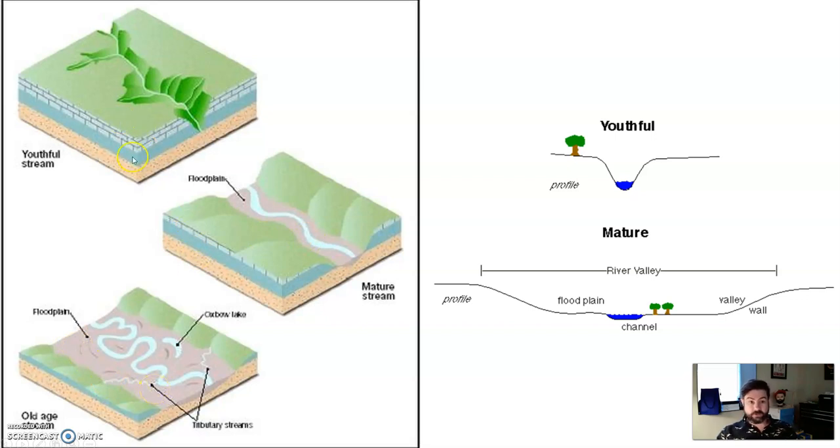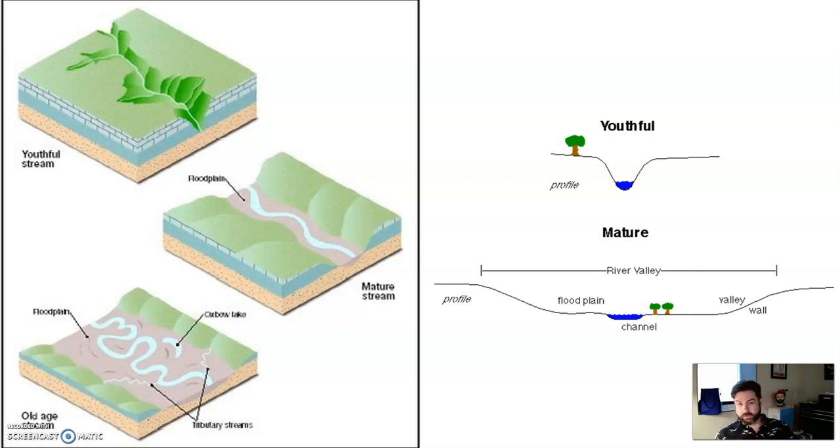A good indication: youthful, more V-shaped valleys; mature, developed floodplain. Youthful, most likely straight stream channels. Old age, meanders, a lot larger stream channel. But if you look at mature, you could still have straight stream channels for the most part. So again, there's just some overlap. You just have to look at what's going on.